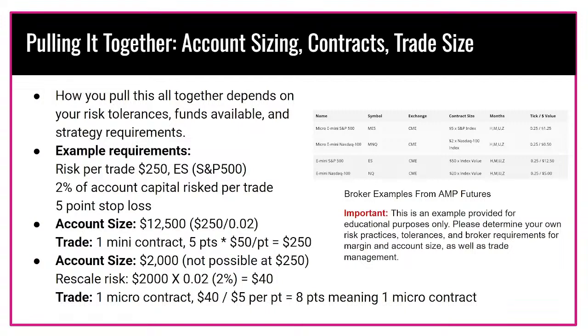That means that one micro contract is viable, and we can take that trade with a 5-point stop loss on a $2,000 account. I hope this example helps you understand how you need to take into account your account size and your risk parameters when sizing the number of contracts, mini versus micro, that you can use in order to take your trade in the futures market.